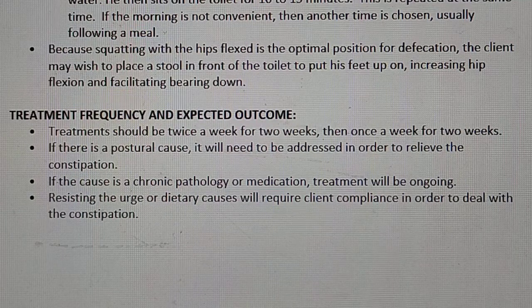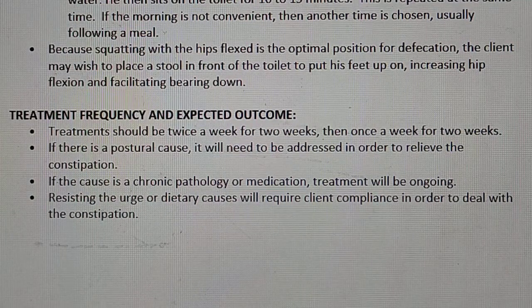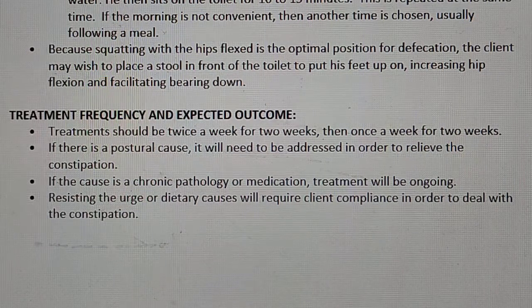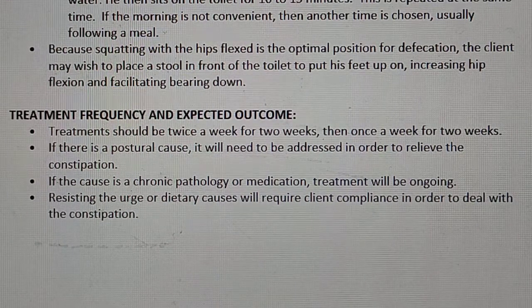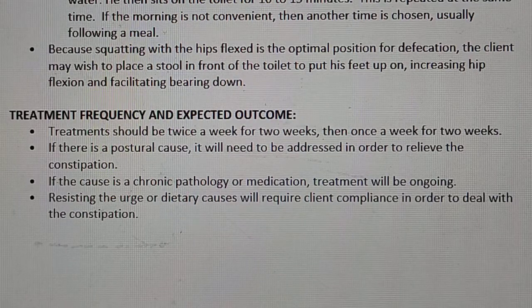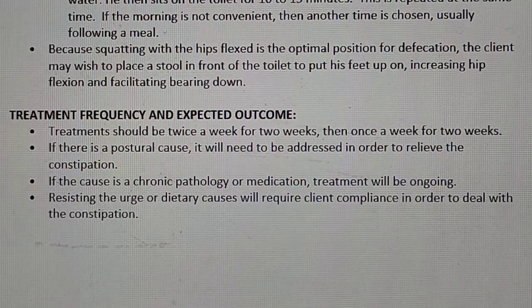Okay, so if the client does not have bowel movements regularly, then you have to let them do it. Okay, sit down on the toilet for 10 to 15 minutes. Put a stool under the feet to raise them a little bit for more flexion of the hips, to induce a bowel movement.